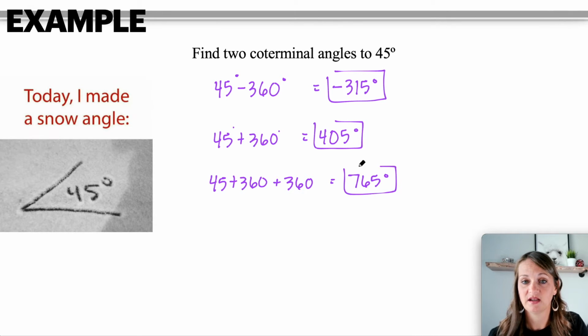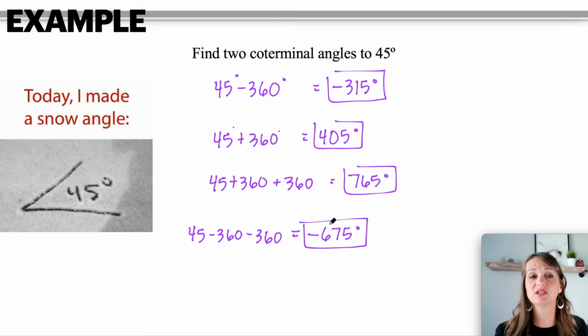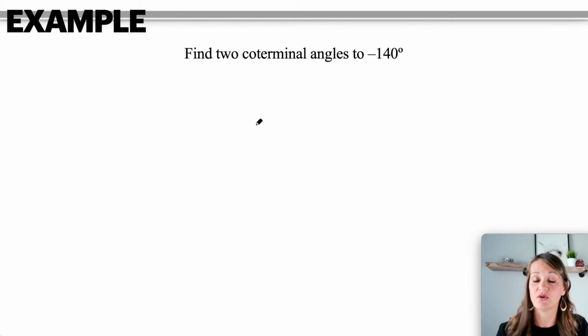Or I could have subtracted 360 degrees twice, which would have gotten you negative 675 degrees. So there are multiple coterminal angles depending on how many times you added or subtracted 360 degrees.